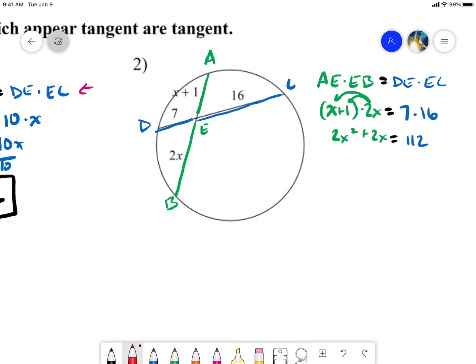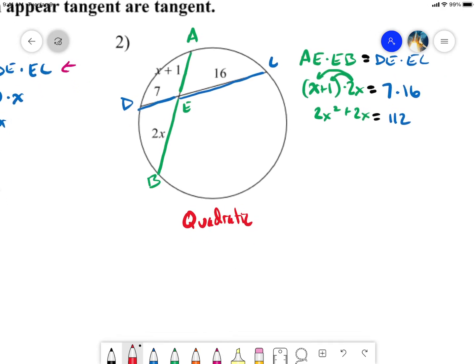All right, this is what we call a quadratic equation. Okay? And all quadratics have the form ax squared plus bx plus c is equal to 0. Okay? That is the quadratic form.